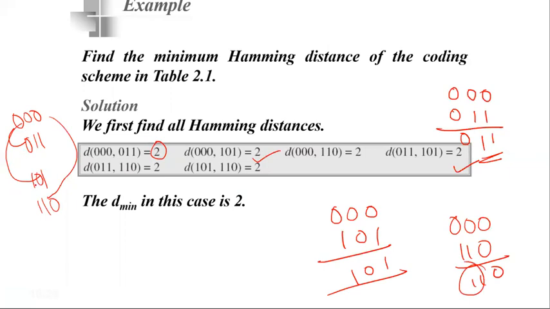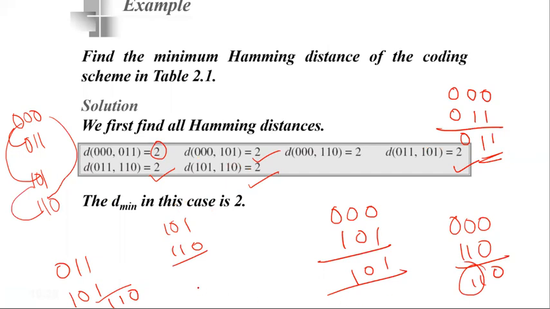Then we take these two: 0, 1, 1 and 1, 0, 1. The XOR will be 1, 1, 0, so this is again 2. Finally, we take these two: 1, 0, 1 and 1, 1, 0, and the distance is 2 again. So the minimum distance, as we see, is 2. In this case, it is 2 only.